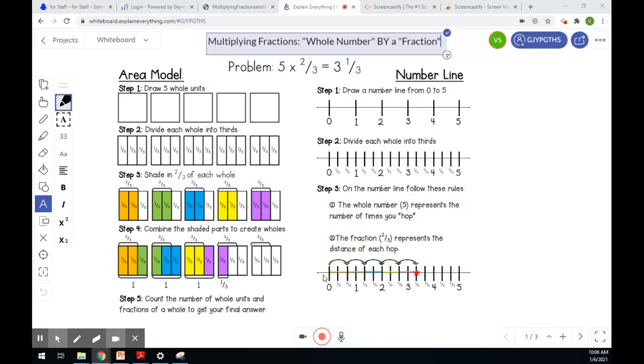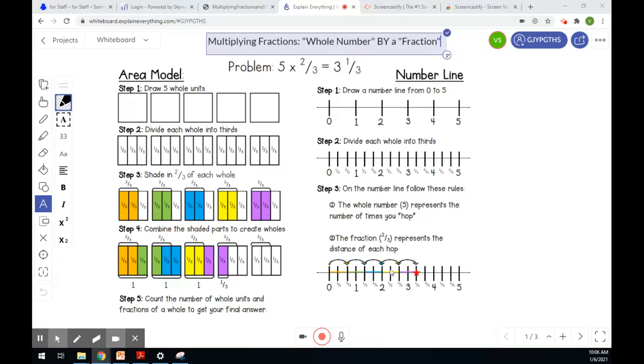And then I'm going to skip count every time. So every arrow is how many whole groups I'm splitting. So if I have 5 groups, I'm skip counting 5 times, and I'm skip counting 2/3 every time. And notice that I land at 3 1/3. So we got the same answer. The 2 strategies are just a little bit different.